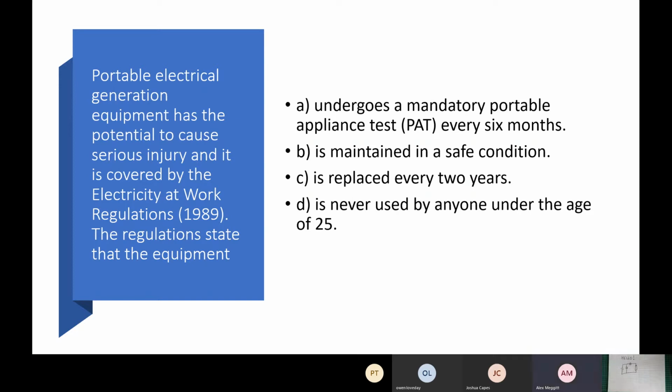So you're down to just A and B anyway when you get a question like this. But if you think about it, all PAT testing is doing is establishing whether or not it has been maintained in a safe condition. So you carry out the PAT testing to achieve the requirements of the regulation that it's been maintained in a safe condition. So the answer would be B.